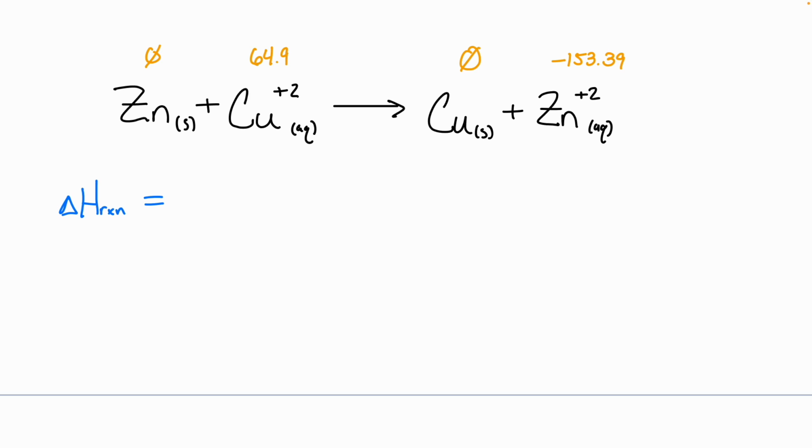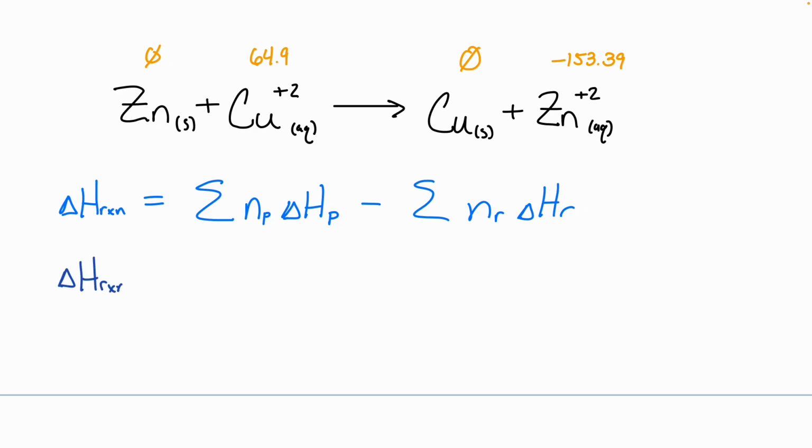All right, we're going to take the sum of the delta H on the product side multiplied by their stoichiometric coefficient minus the sum of the delta H on our reactant side multiplied by their stoichiometric coefficient. So my delta H for this reaction, look on my product side, that's 0 plus negative 153.39 minus my reactants.